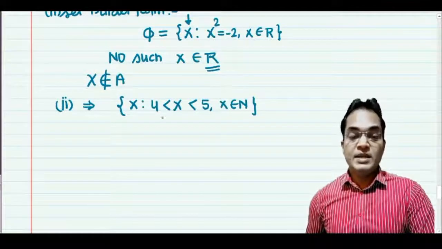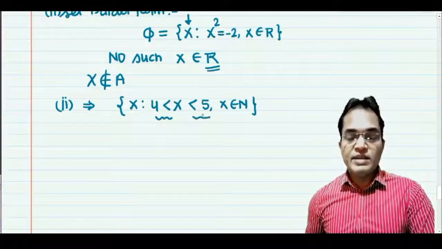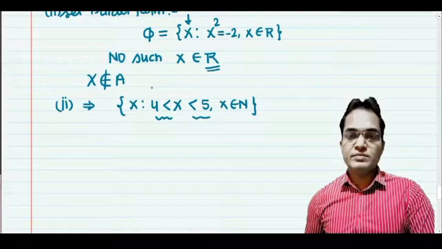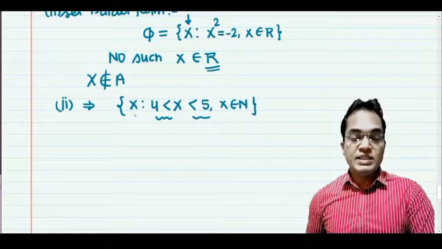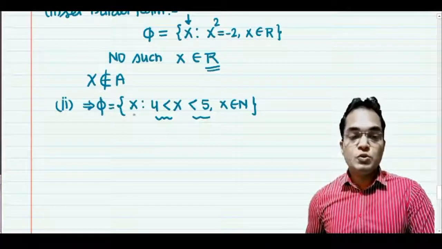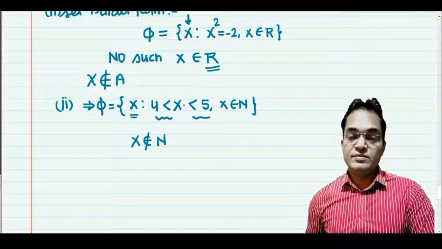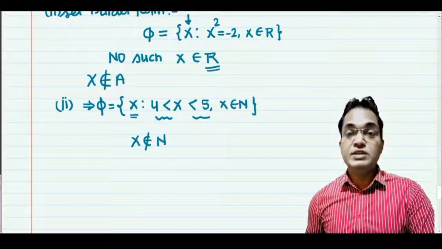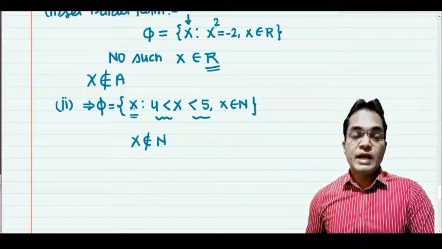Check it. Is there any natural number which is greater than 4 and less than 5? No, there is no natural number, because between 4 and 5 there is no natural number. This is a representation of the empty set.